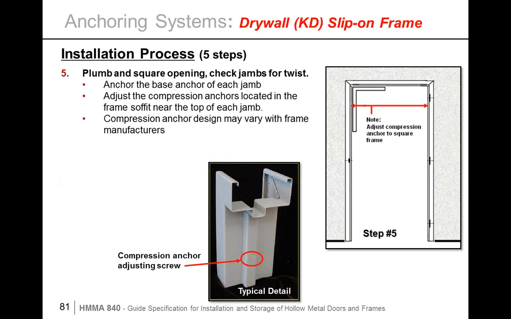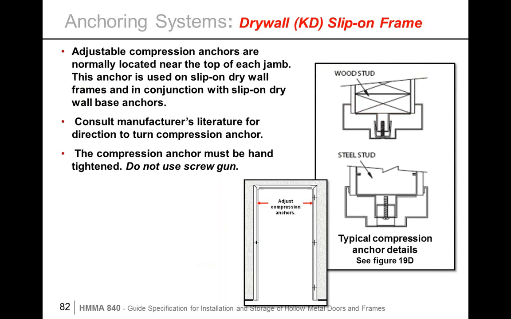Squaring of the frame is accommodated by a compression type anchor that is at the top of the frame. That allows for shifting and adjusting of the frame and plumbing. The compression anchors will vary with manufacturers, but they are designed to totally accommodate either wood stud or steel stud applications.